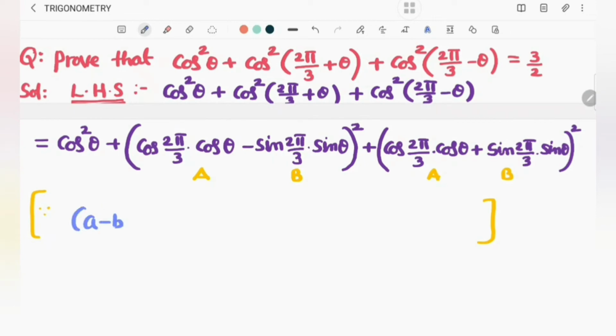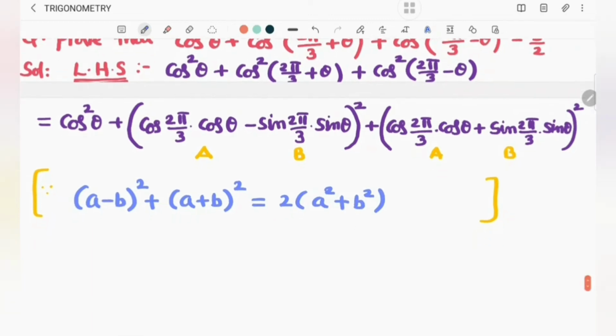A minus B whole square plus A plus B whole square is equal to 2 into A square plus B square. This formula we are going to apply now.